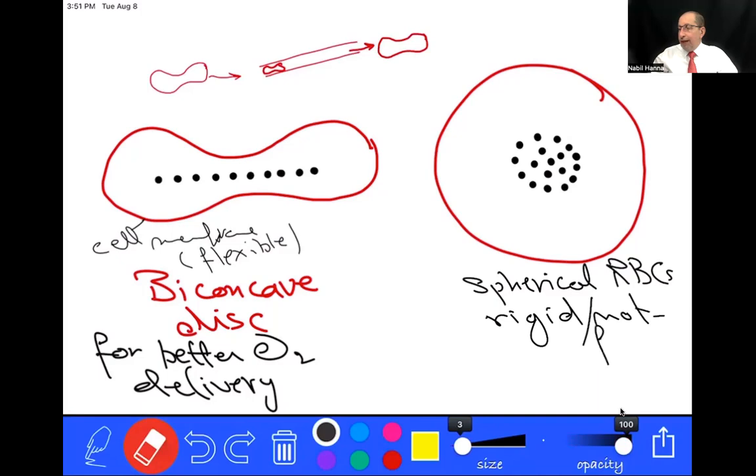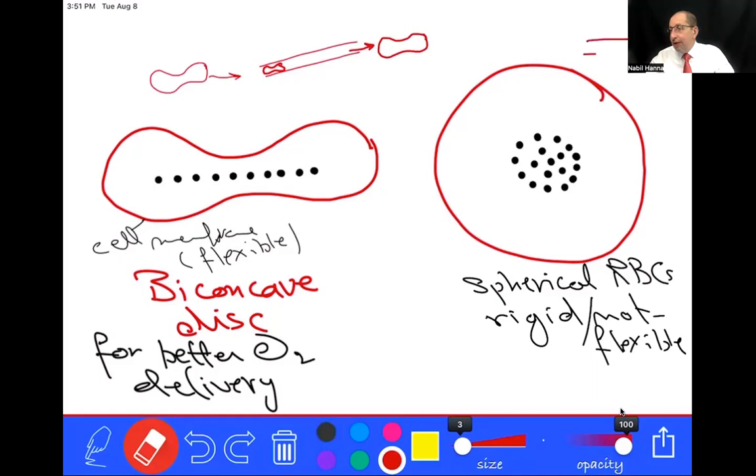So imagine the red blood cell is a sphere, not a disc. This in itself will make it harder to pass through tiny capillaries. And the cell membrane is rigid and not flexible.